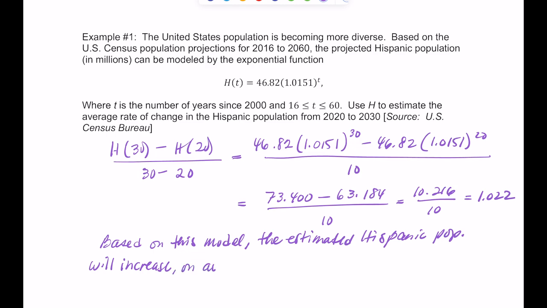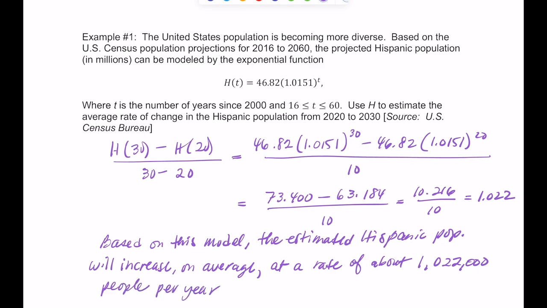We know it's not going to be exactly 1,022,000 people per year, but on average it will be. And that's between 2020 and 2030.